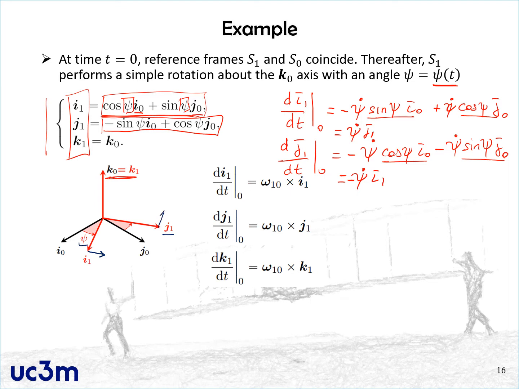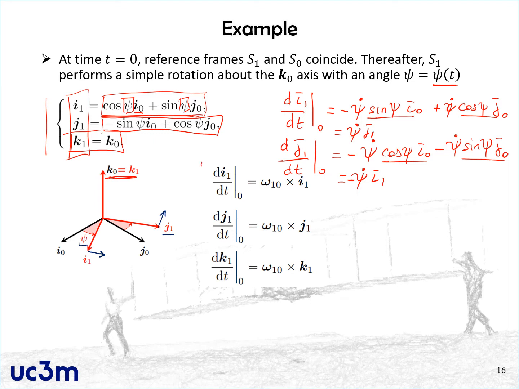The way that J1 changes is the minus direction of I1, and again, its rate of change is, of course, related to the angle psi. Okay. So we get these expressions by taking derivatives. Of course, if you try to take the derivative of the last vector, you just get that it is equal to 0. All right.